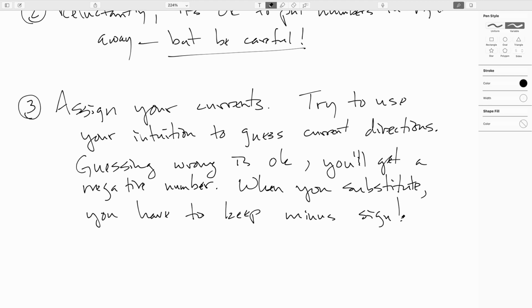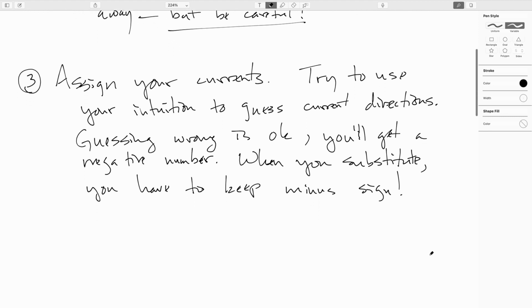That just means that the actual physical current flows in the opposite direction of what you assigned, but the system of equations that you built up will be built around that incorrect guess. So when you put in for everything else, you have to carry the minus sign in order to make sure that all of the other currents work out.